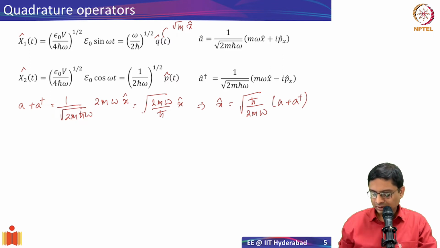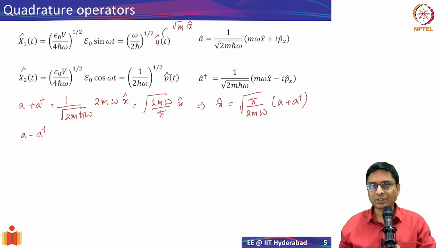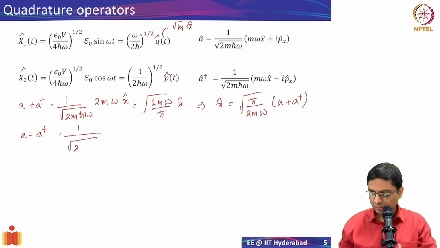Now a minus a dagger, because I want an expression for the momentum operator p. Basically I'll have the same 1 over the square root of 2m h cross omega, and now the x expressions will cancel because we are taking a negative. So you'll be left with 2i px cap.